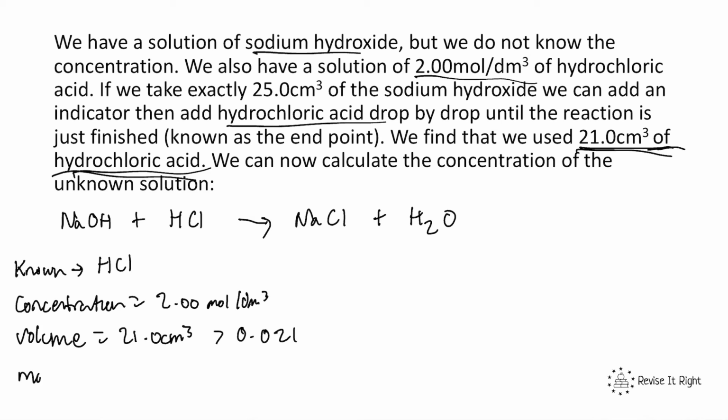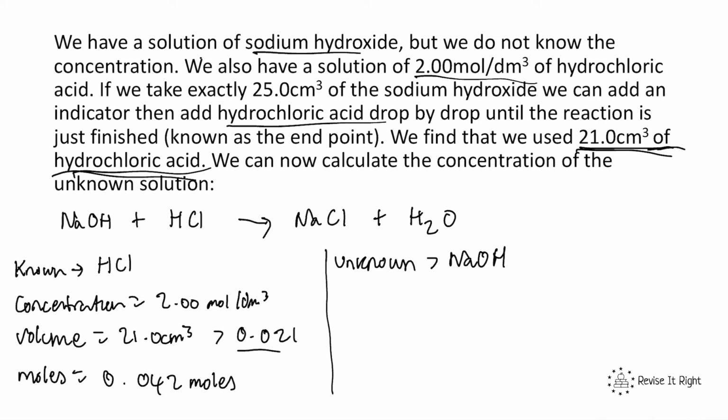And then we can work out our moles using the equation moles equals concentration times volume. So concentration is 2 times volume, which is 0.021. We get 0.042 moles. And then we're going to get our unknown. Our unknown in this example is our sodium hydroxide, so we're going to write that here.